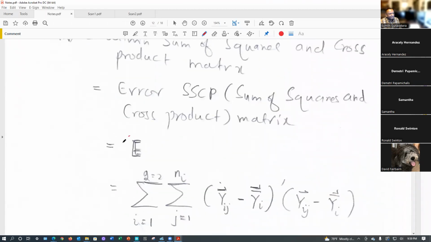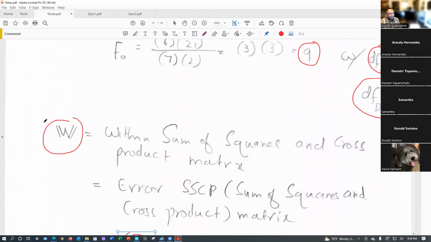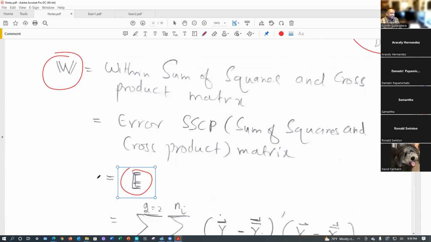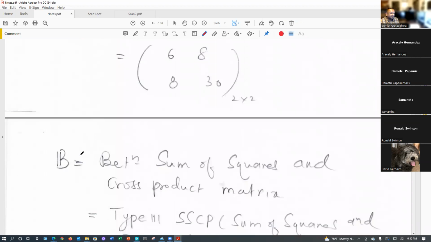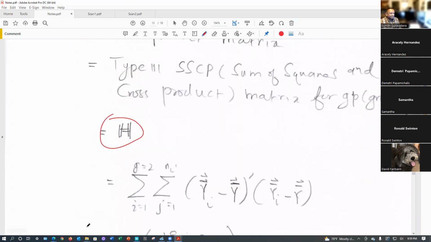E is W, the within sum of squares and cross product matrix, the error SSCP. This is B, and B is H.